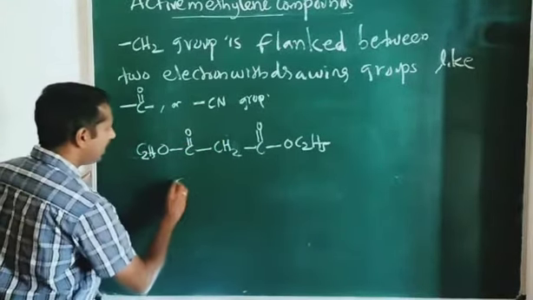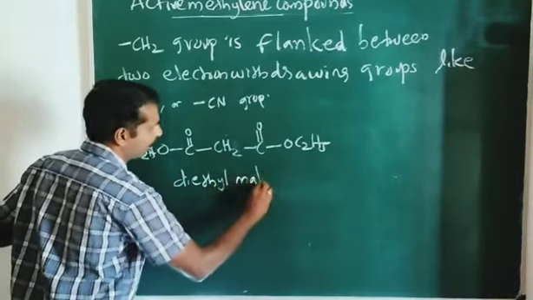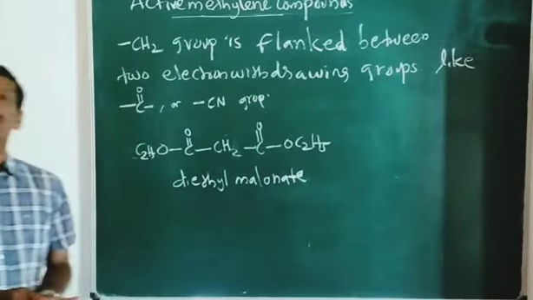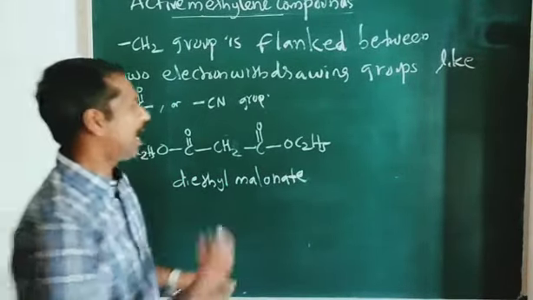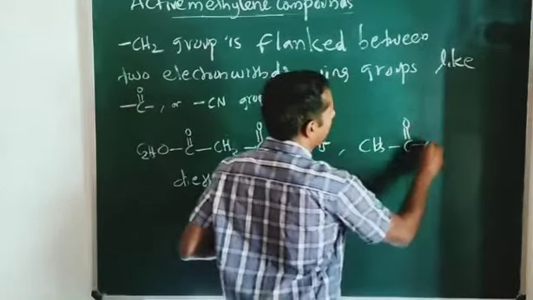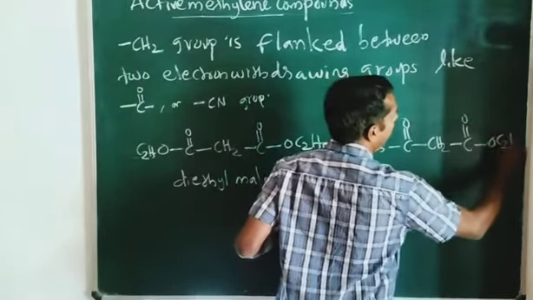This is diethyl malonate, or malonic ester. Another example is CH3, CO, CH2, CO, OC2H5.